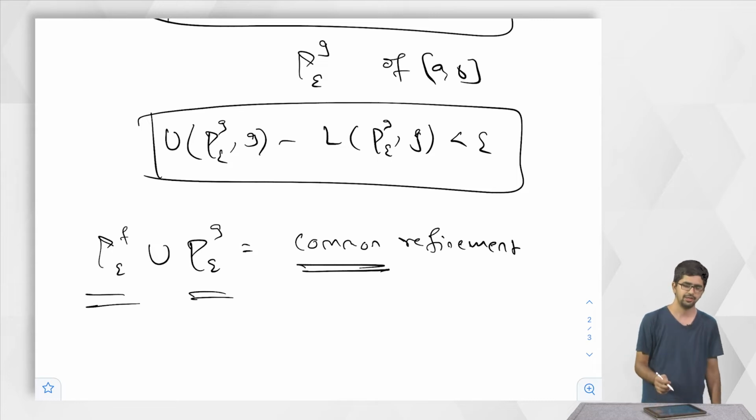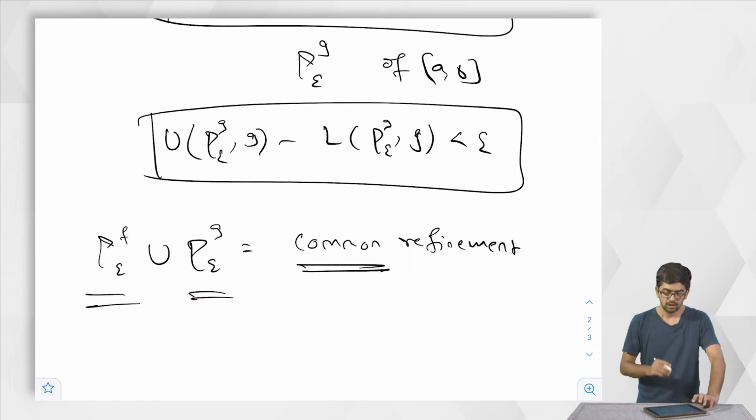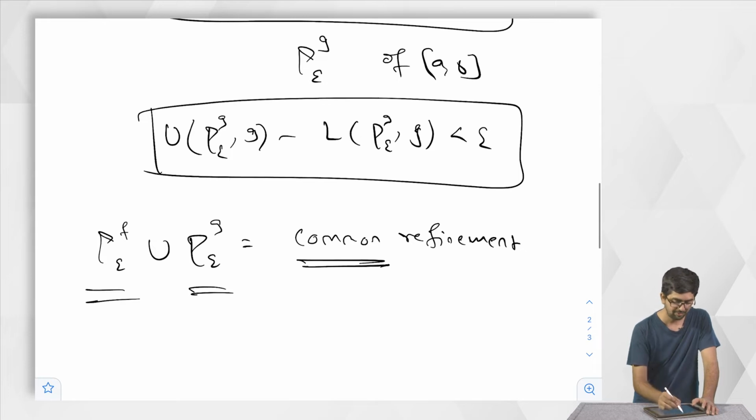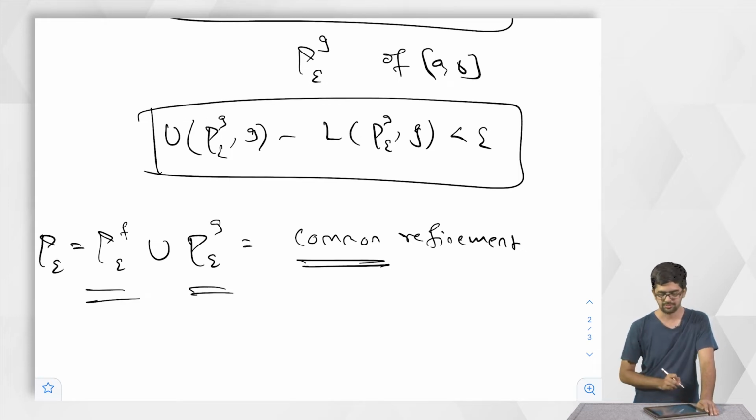Any refinement of this is also called a common refinement, but this one is special, at least in the sense that we will see now. We have a partition, which I am calling P epsilon.